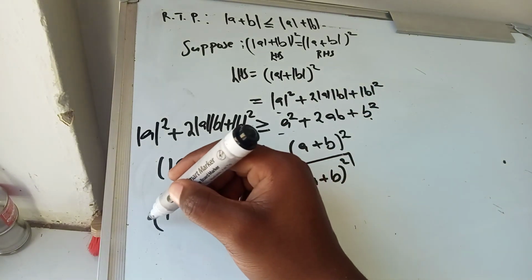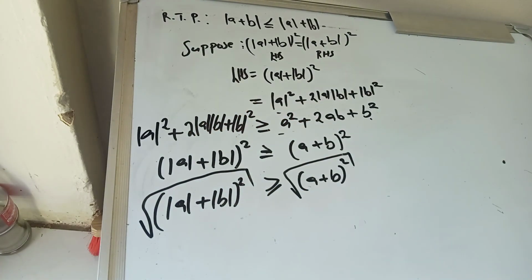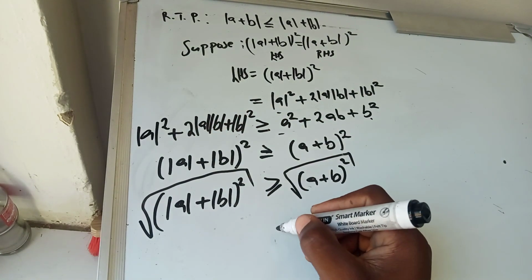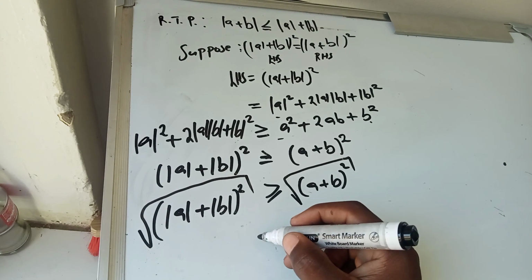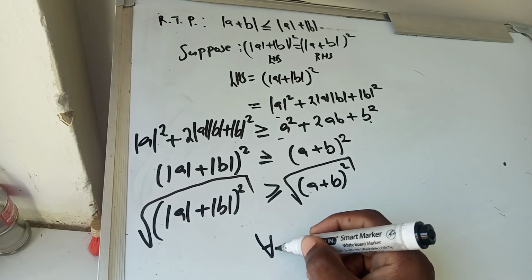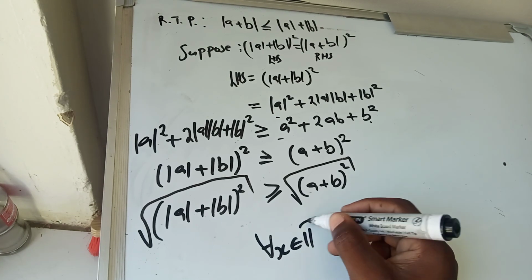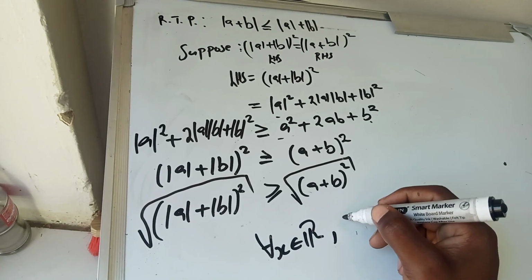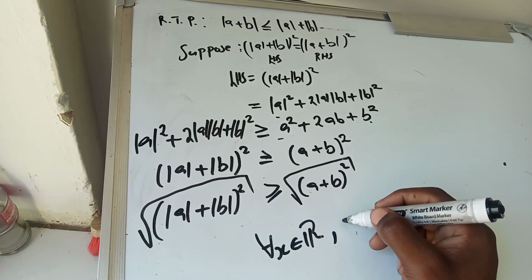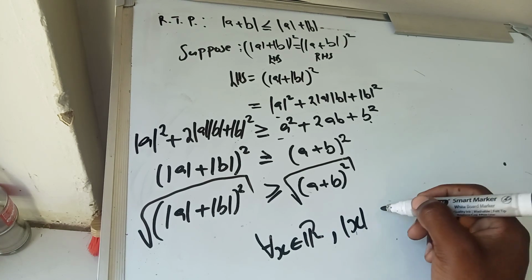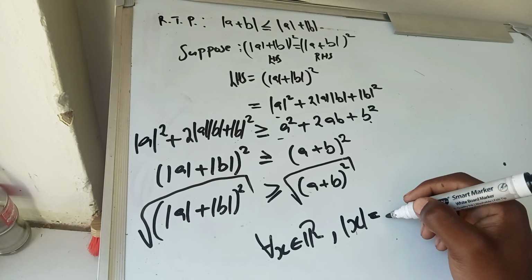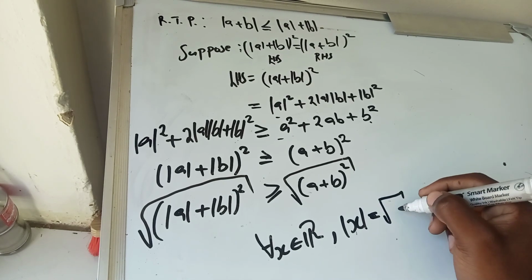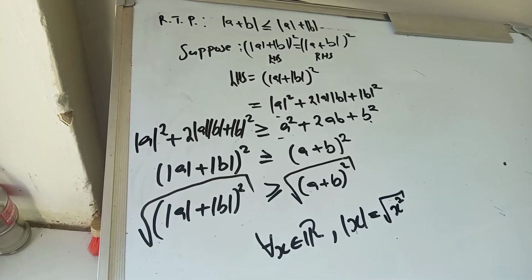If I take the square root of this side and also of this side, remember that for all x in real numbers, the absolute value of x is equal to the square root of x squared.